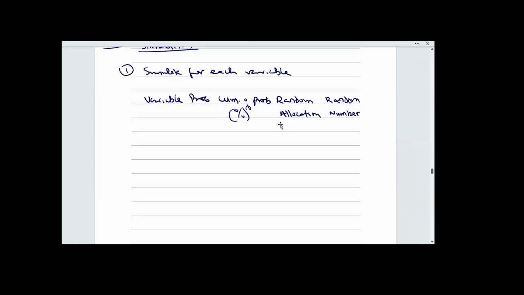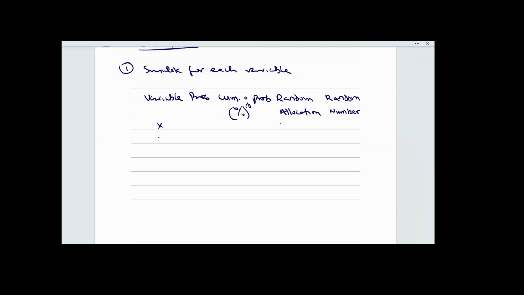Whatever the case may be, you put the variable here. It could be revenue or variable cost. Just put it there with the probability. You are the one that will determine the cumulative of the probability. You are also the one that will determine the random allocation. The random number given to you, you are the one that will assign it.